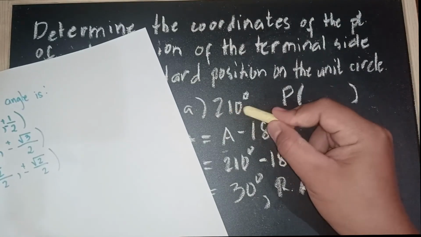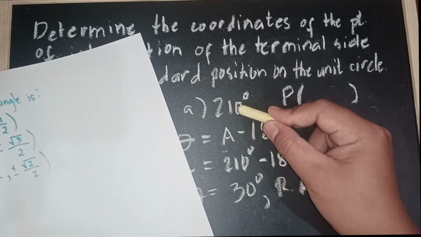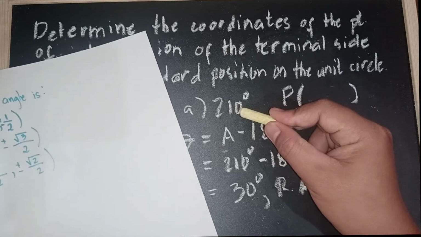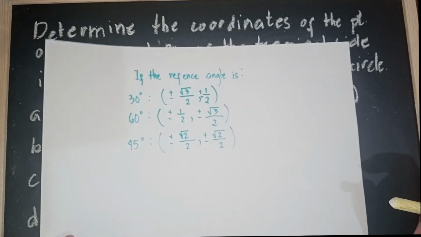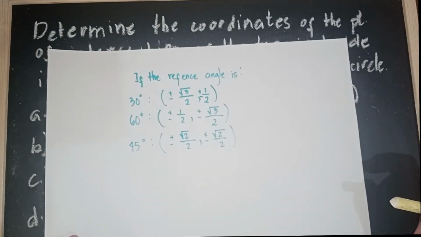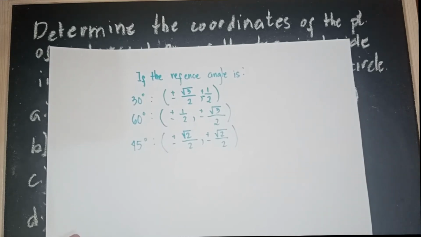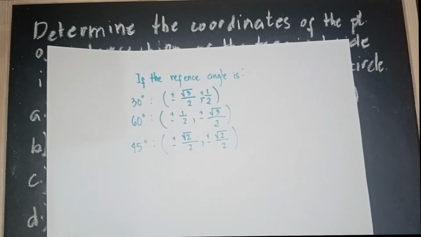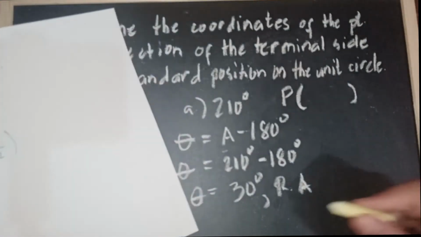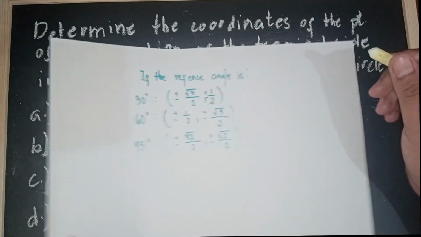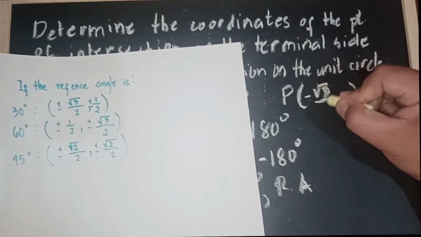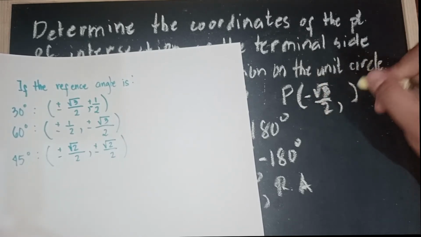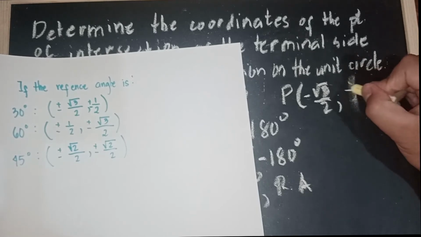Since kanina sabi natin yung terminal side ng 210 degrees is located at the third quadrant, pag third quadrant mga boss, yung sign ng coordinates are all negative. Okay? Negative yung x coordinate, tsaka negative din yung y coordinate. Therefore, we have here negative square root of 3 over 2 at saka negative 1/2.